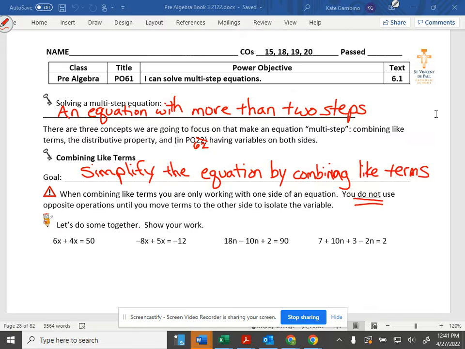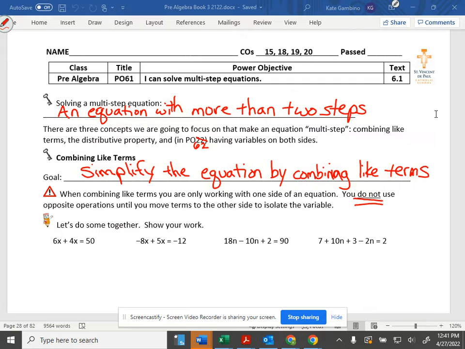You do not use opposite operations until you move terms to the other side of that equal sign to isolate your variable. That's when we do opposite operations, when we're going to the other side. Combining like terms is on the same side, so you don't do anything opposite.